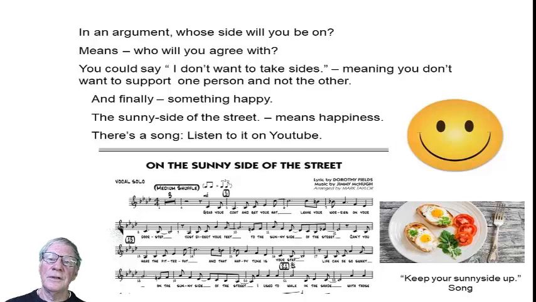Usually, if it's your wife and children arguing, you will side with your wife. You could say, I don't want to take sides, meaning you don't want to support one person and not the other. They're very common.